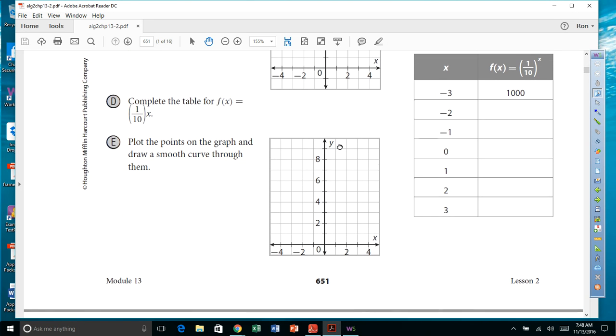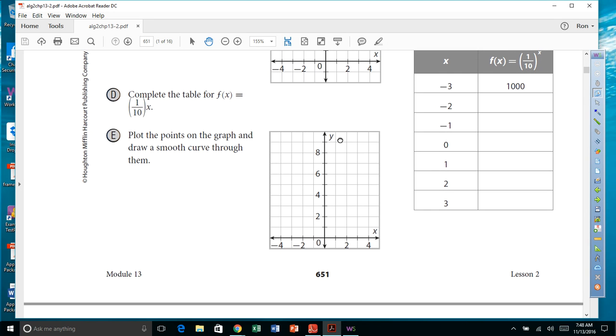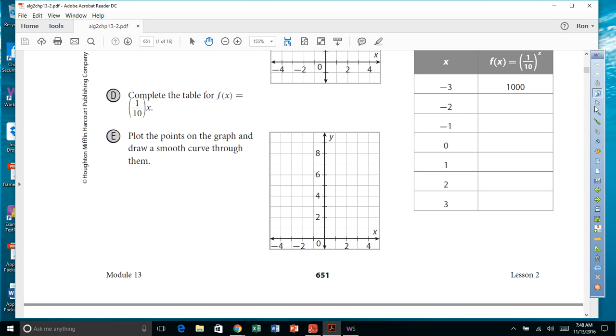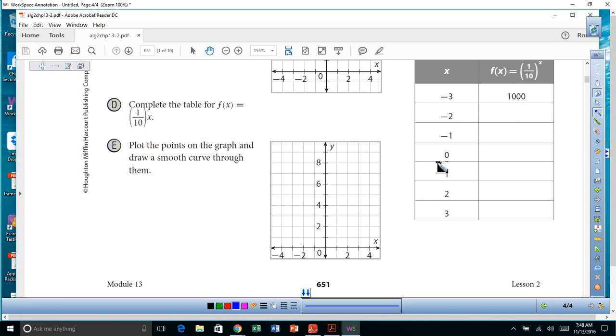All right, now let's complete the table for f of x equals 1/10 to the x power. So that was negative 1. This would be 100. That would be 10. That would be 1. 1/10. 1/100th. And then 1/1000th. Negative 3 I can't put on there. Negative 2 I can't put it. Negative 1 is 10.